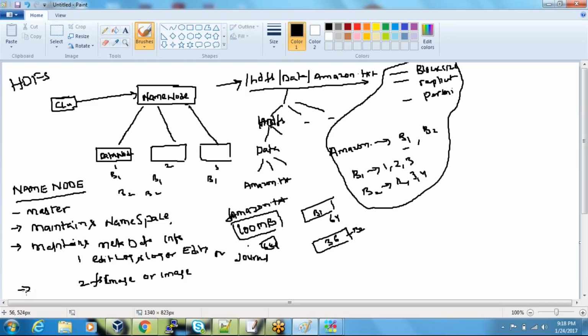The inode is an object which contains where the file is, permissions, who has modified, when it has been accessed, what disk space is allocated for that. All this information is maintained by your inode.